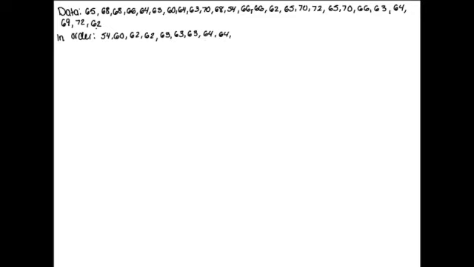We have 64, 64, 64, 65, 65, 65, 66, 66, 66, 66. And then we have 68, 68, 68. We have 69. We have 3 70s, and we have 2 72s.